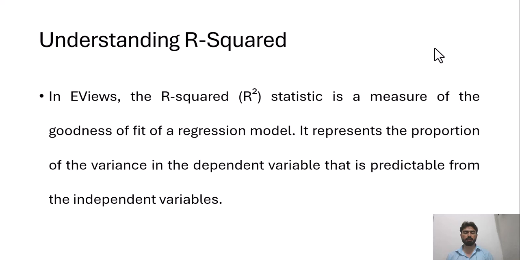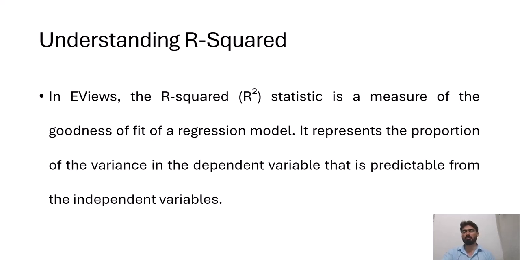In our lecture today, we are going to discuss the importance of R-square in EViews. Basically, R-square tells us how much variation in the dependent variable is due to the independent variables. When we are estimating any econometric model in economics, there are two types of variables. One is called the dependent variable and the others are called independent variables.